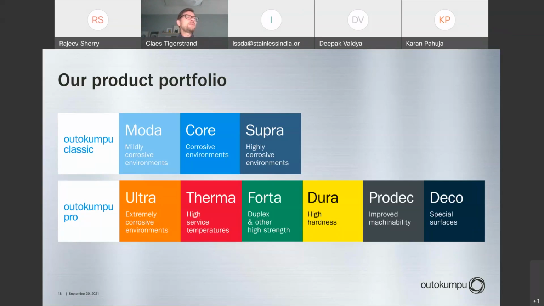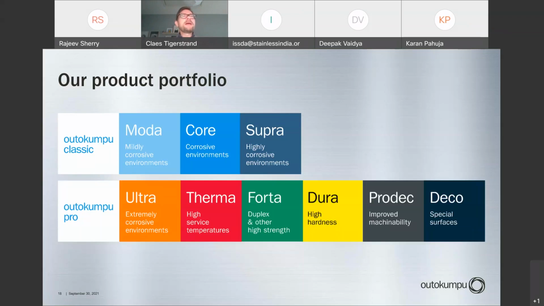But then we have our more specialized products, and we have put them into the Pro family there. We started with the Ultra, which continues from Supra, but here it's for the most extremely corrosive environments.